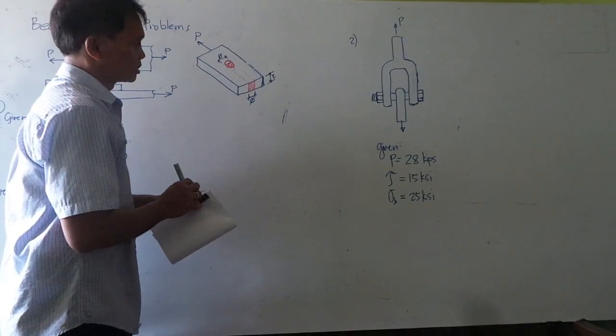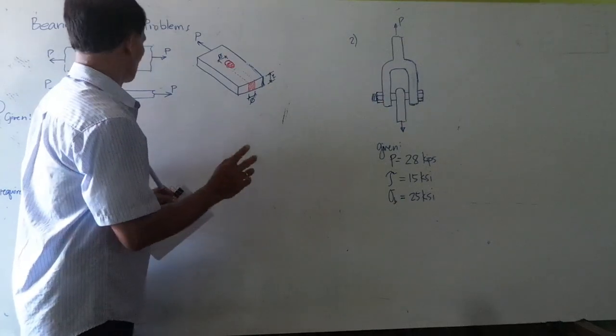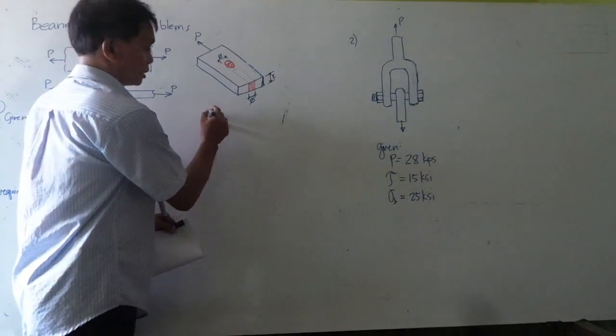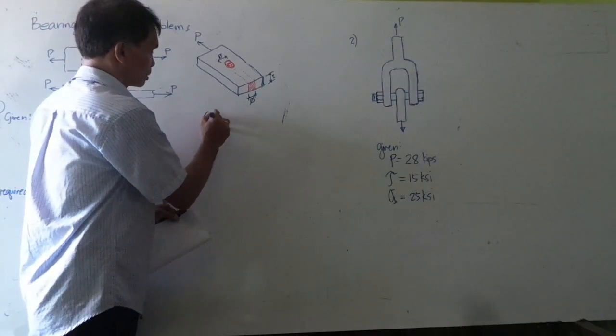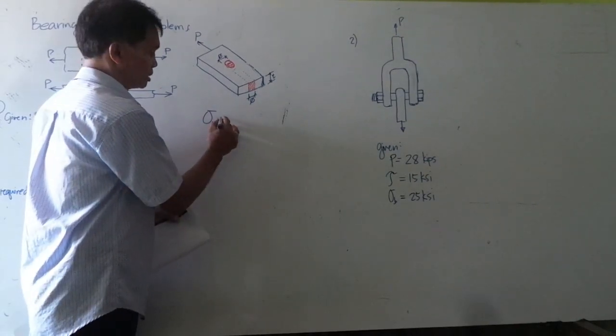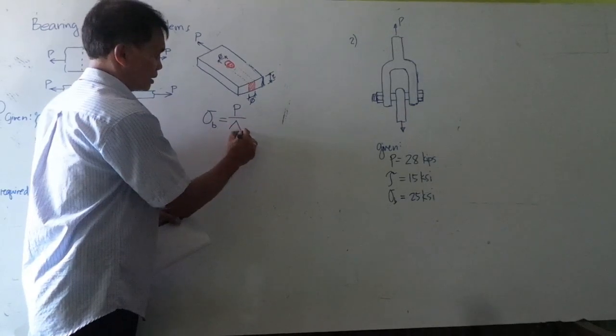So in our consideration of bearing stress, the bearing stress is still equal to the simple direct stress formula, P over the area. But we call it bearing to identify that it is bearing stress, which is still equivalent to P over the area.